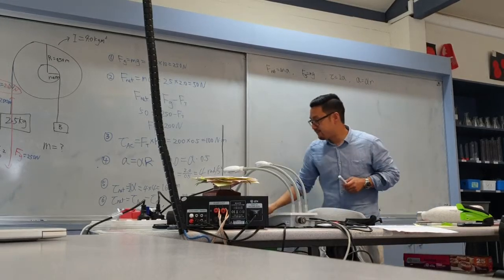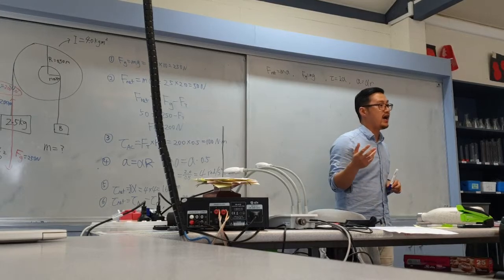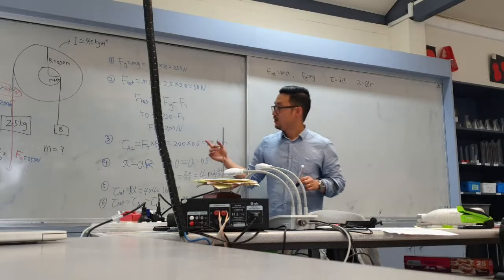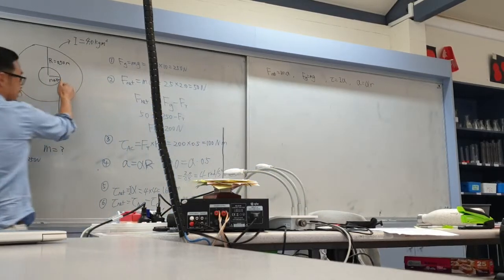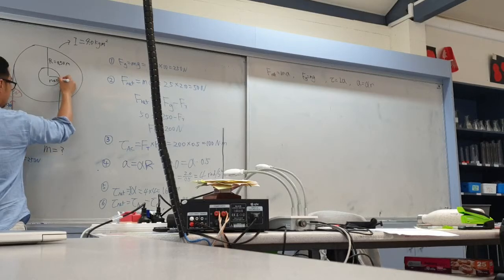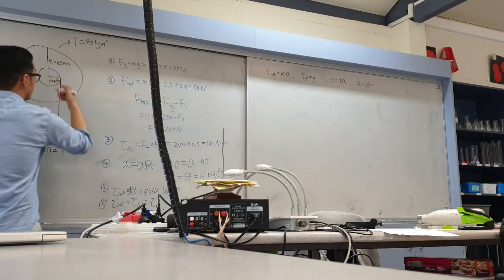Okay, and then from this clockwise torque, what would I be able to find? What does this clockwise torque come from? The B. Yeah, now I can find not the weight of the B, rather we can find the tension force, because that tension force gives you the torque.